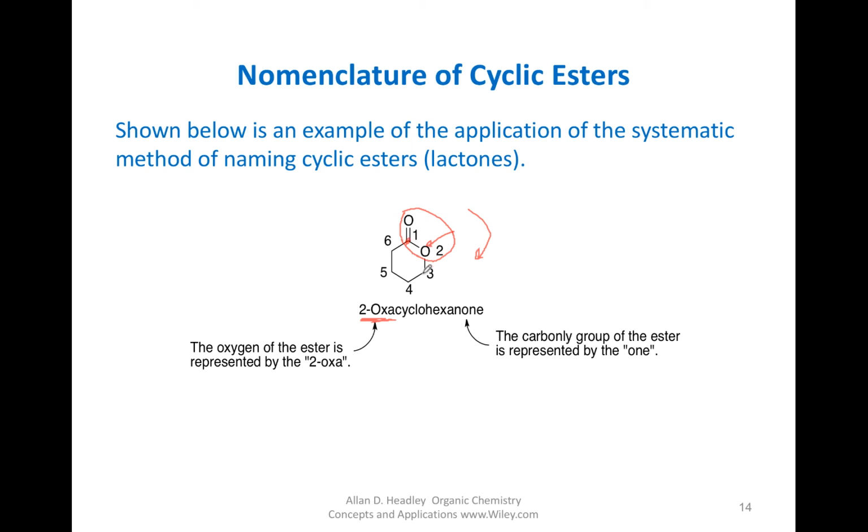Since we have 6 atoms in this ring, it's a cyclohexanone. So the full name is 2-oxacyclohexanone. As you can imagine, once you have the numbering system here, if there are substituents on these carbons, you just have to describe the type of substituent and a number to describe its location.